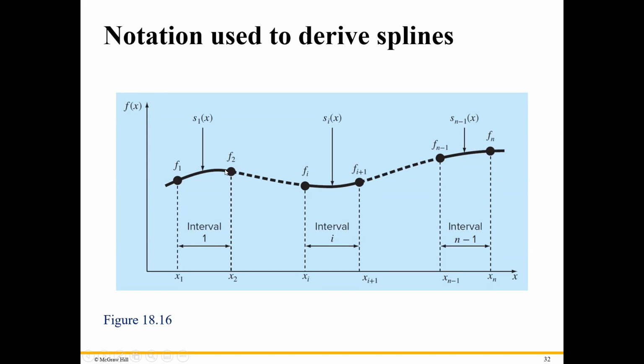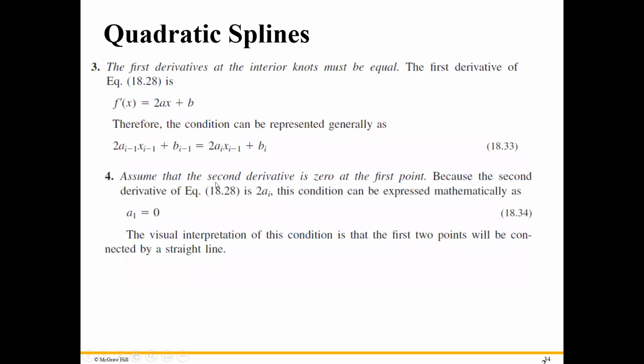So when we have the linear shape over here, this assumption will give rise to the condition that its second derivative will be zero. Remember that when we take the derivative, the second derivative shows the curvature. If there is no curvature, that means it is a straight line, and the second derivative will be zero. So if the second derivative is zero, then the a1 term will be zero.